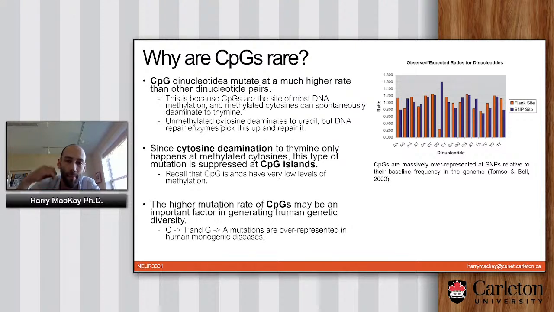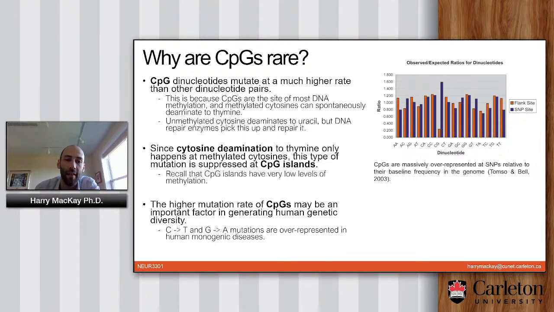This is because DNA methylation happens mostly at CpGs, and methylated cytosines can spontaneously deaminate to thymine. So methylated cytosines are very easy to mutate. And because they deaminate to thymine, the DNA repair enzymes can't find where it's happening. They just say, okay, this is now a thymine, fine. So they don't repair it.